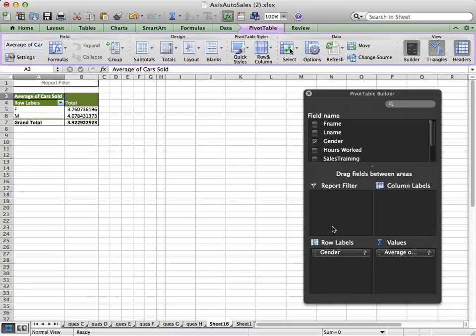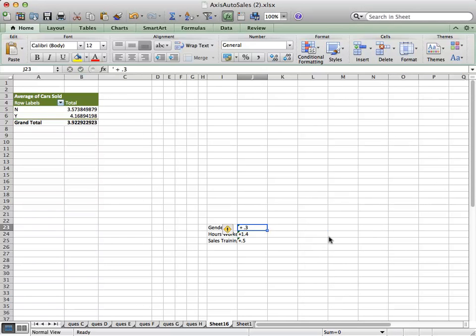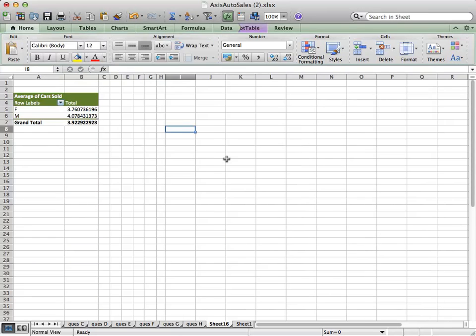Gender. So gender seems to have a role. So if we look at gender, you're going to sell 0.3 more of a car due to gender. So gender is good for plus 0.3.